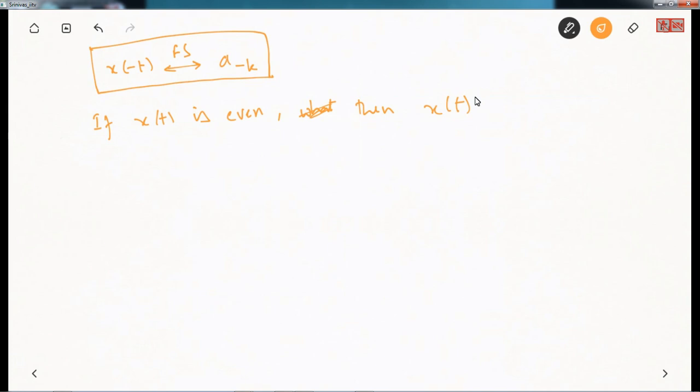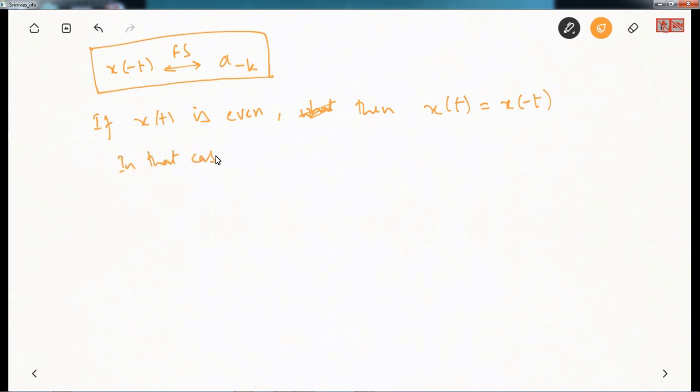So there is a signal and then we reverse it in time, but even then it is the same as the original signal. Then we call such a signal an even signal. So if x of t is even, then x of t is equal to x of minus t.